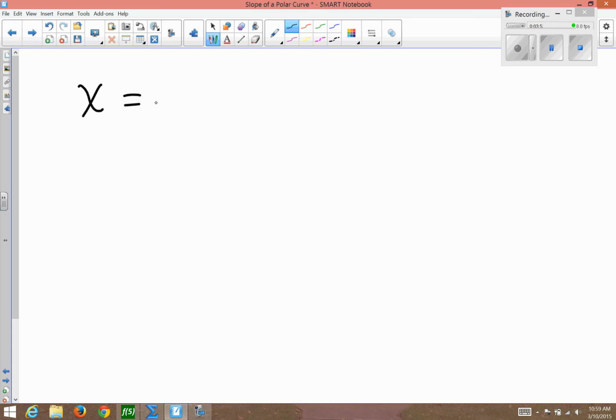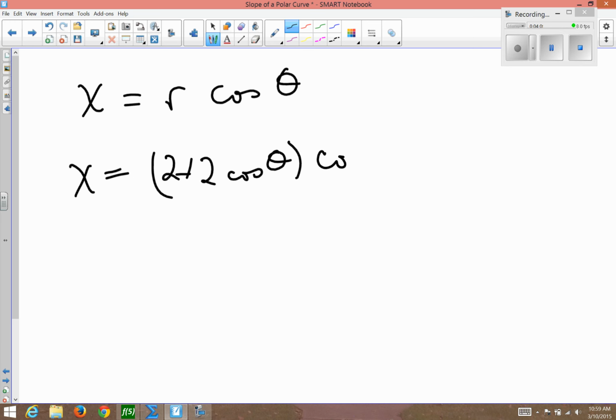X is always equal to r cosine theta. This is from the definition of cosine. X is always r cosine theta. In this example, x equals 2 plus 2 cosine theta times cosine theta. X is always r cosine theta. In this example, this is r. R equals this, the equation of the cardioid.